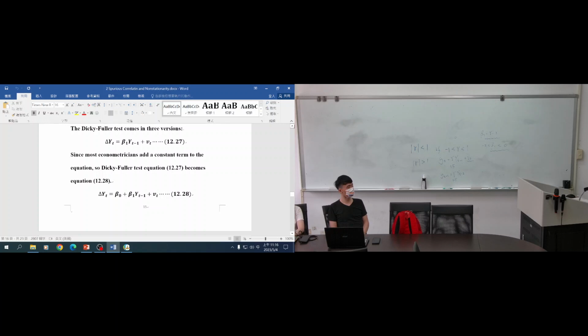Most econometricians add a constant term to the equation, so the Dickey-Fuller test equation 12.27 becomes 12.28. This one is with a constant term. And this is usually what we see from regression analysis. We usually have a constant term, what we call the intercept. So this is 12.28.